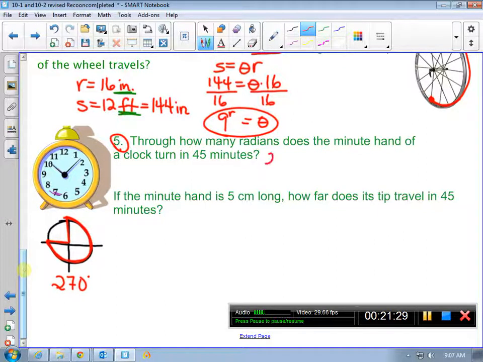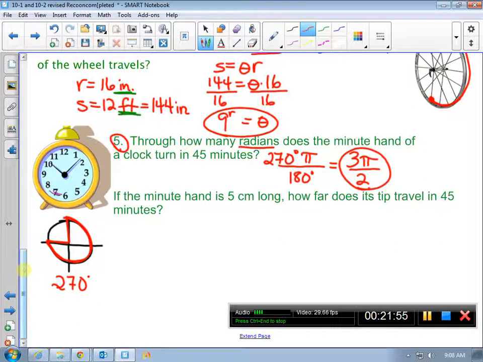So we can practice converting 270 degrees, because they want radians, times pi over 180. I think we did that one earlier. 3 pi over 2 radians is what that converts to. That was on our unit circle also.